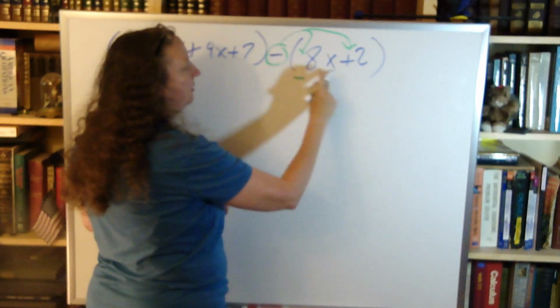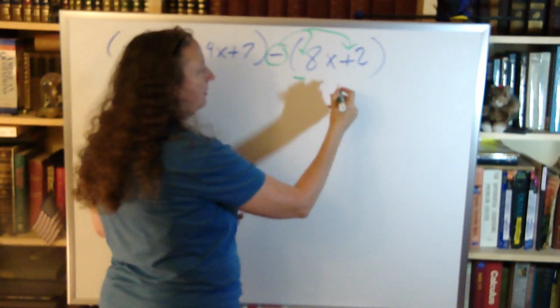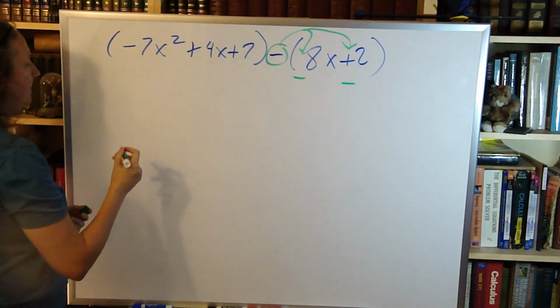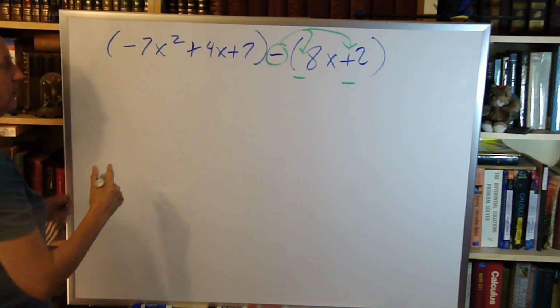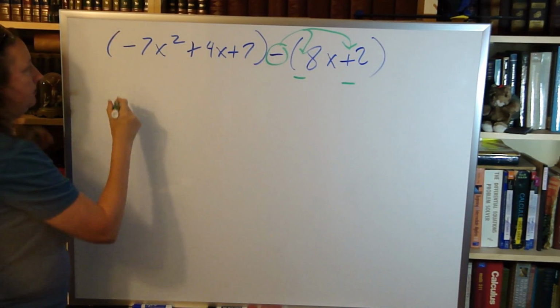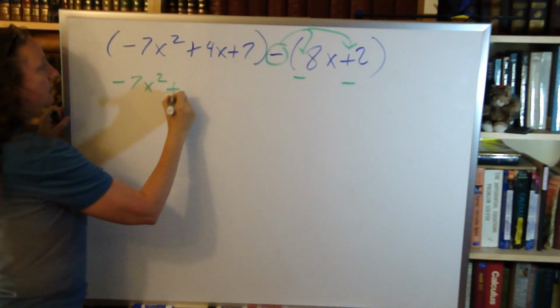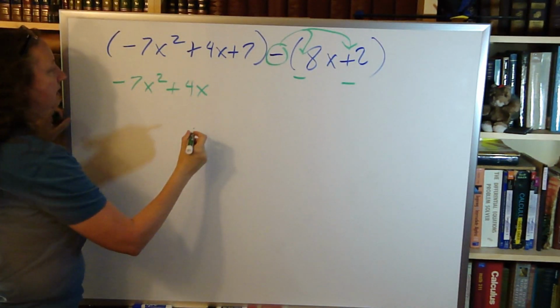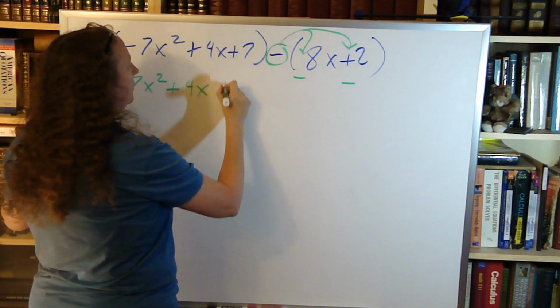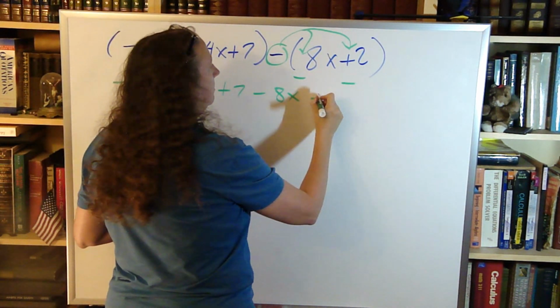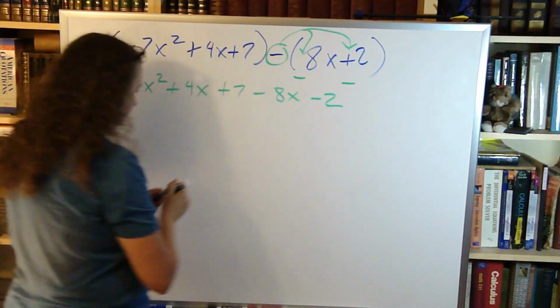Multiply the minus into the plus, negative 1 times plus something becomes minus again. So I'm just going to copy this down without my parentheses, and with that, distribute it in. So negative 7x squared plus 4x plus 7 minus 8x minus 2.